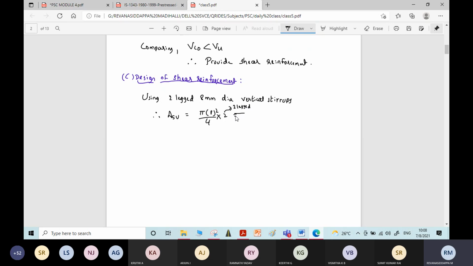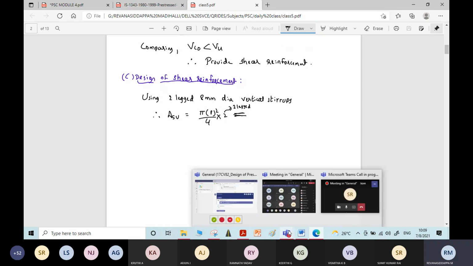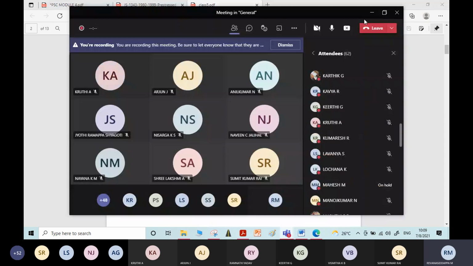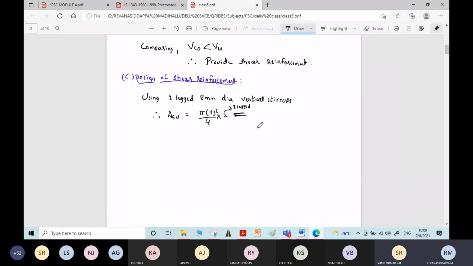What is the answer? Tell me the answer, students. The 100.53. Yes, 100.53 mm square.